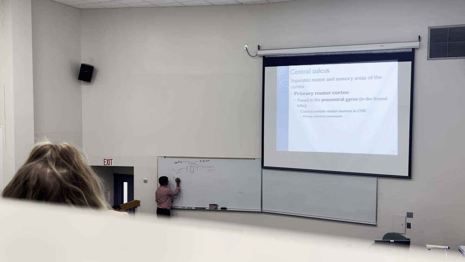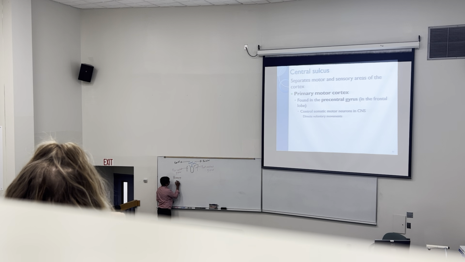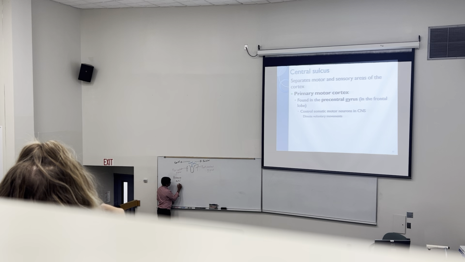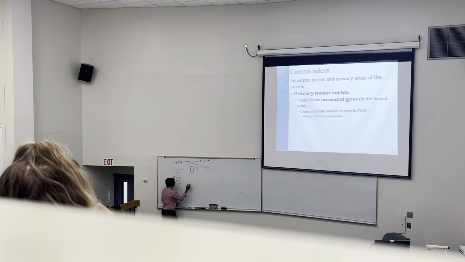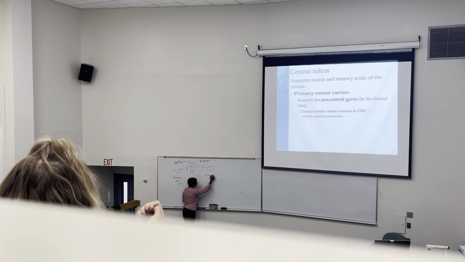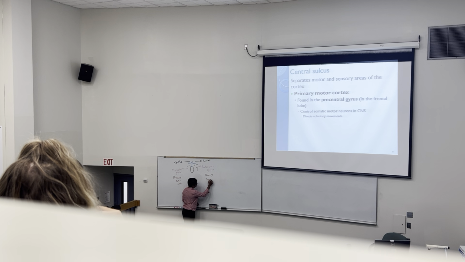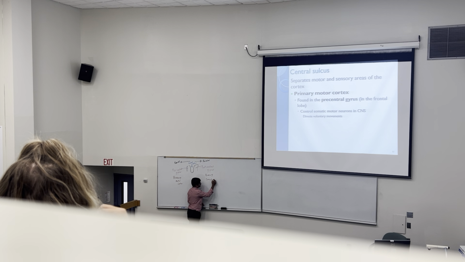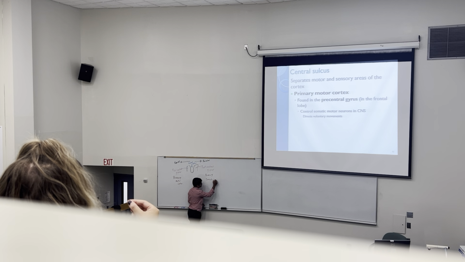This is primary motor cortex, and this will be the primary. It's a little bit of a mouthful. Somato. What does somato mean? Body sensory. Right, coming towards the brain, sensory cortex.